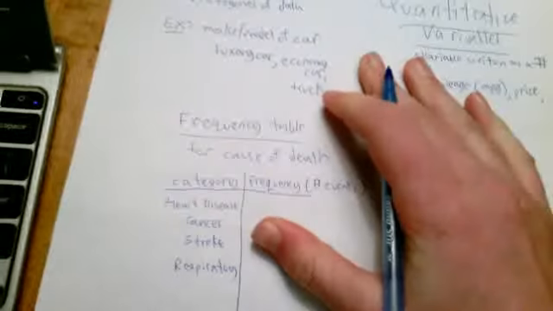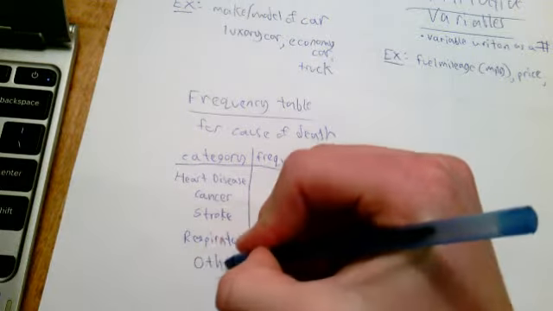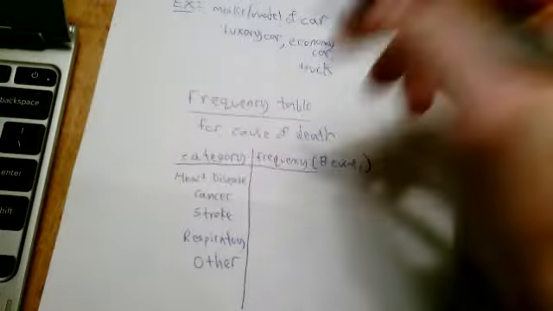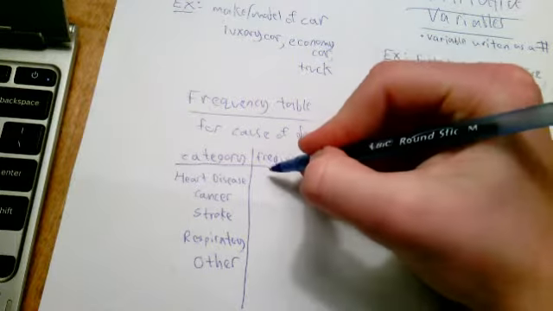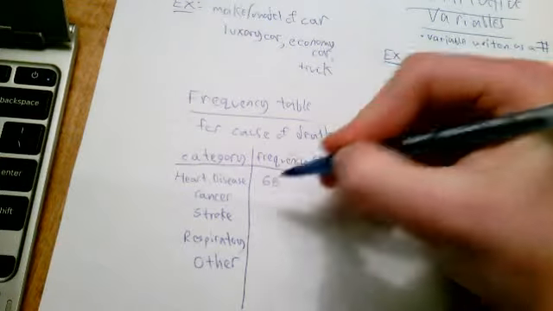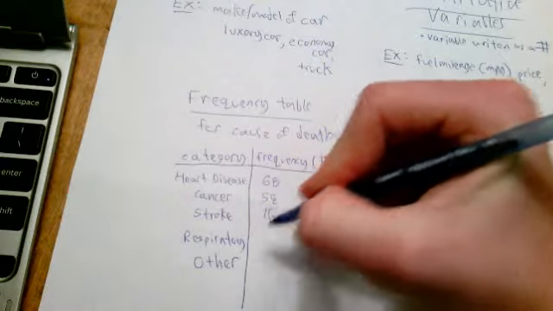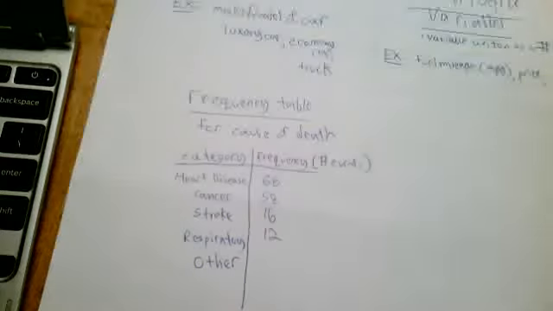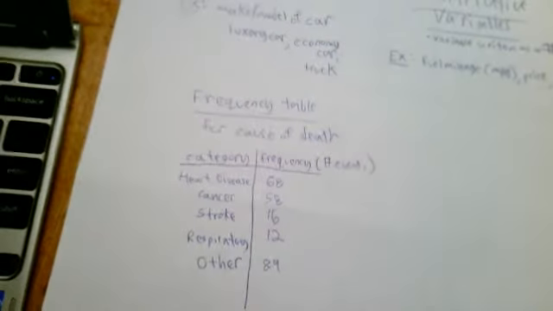And lastly, other. The data I found is that out of a group of around 250 people surveyed, 68 people died of heart disease, 58 of cancer, 16 of stroke, 12 of respiratory illness, and 84 of something else. Okay, so that's our data.